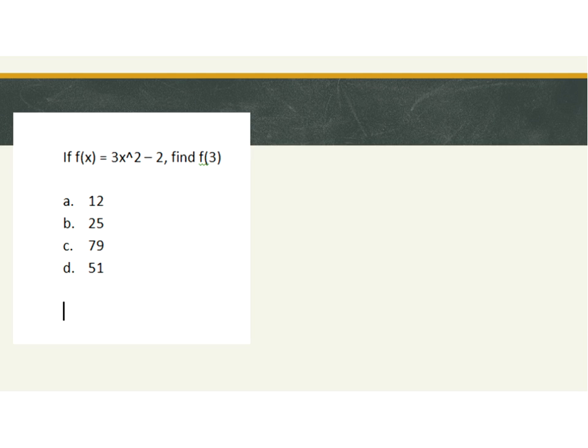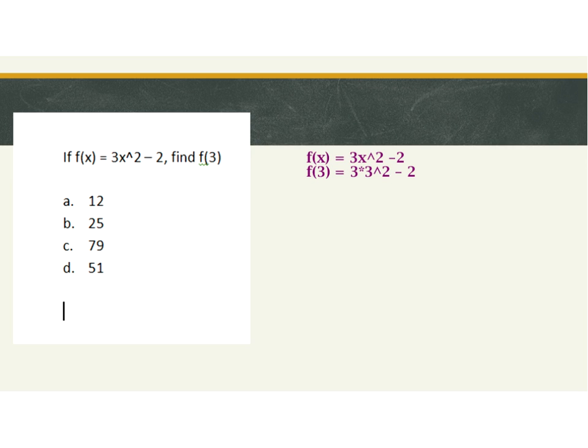Hopefully, I figured out the right answer for this before typing it up. F of X equals 3x squared minus 2. Find F of 3. We're figuring out F of 3, so we're going to replace the X with a 3. So we have 3 times 3 squared minus 2.